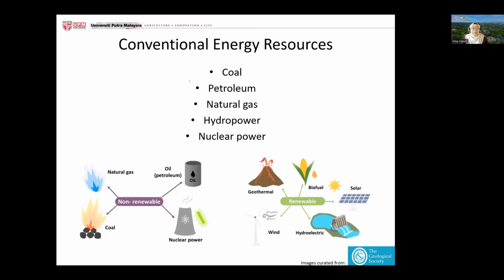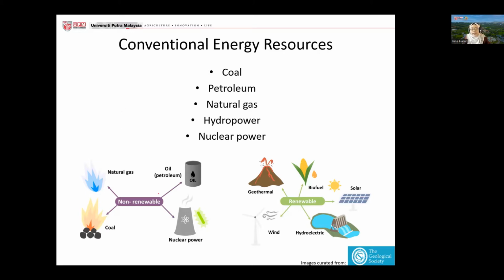If you still remember, in the previous 2 videos, we've looked at a number of different conventional energy resources. We look at how coal, petroleum, natural gas is formed underneath the earth, and how these different resources are transformed into energy that humans can use.